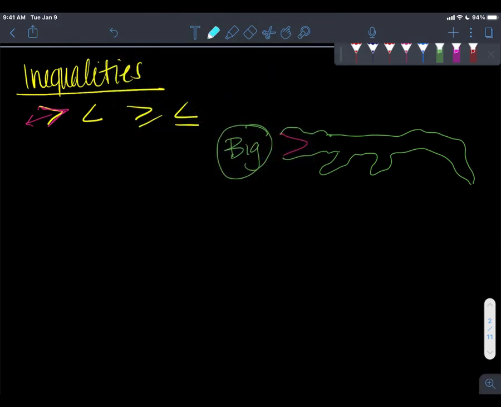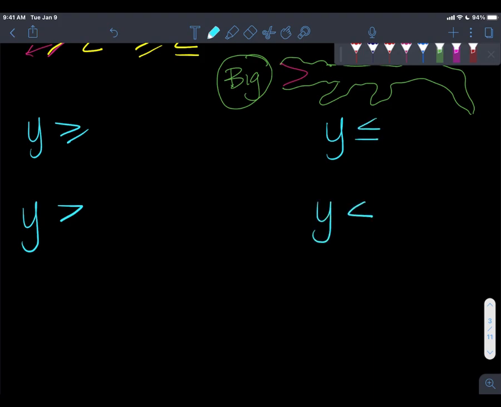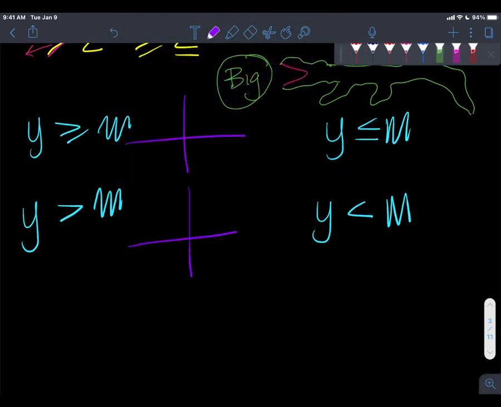With that in mind, let's talk a little bit about this. There's a couple of different graphs that we can have with this. Here are the ones that are equations. I'm going to graph each one of these.